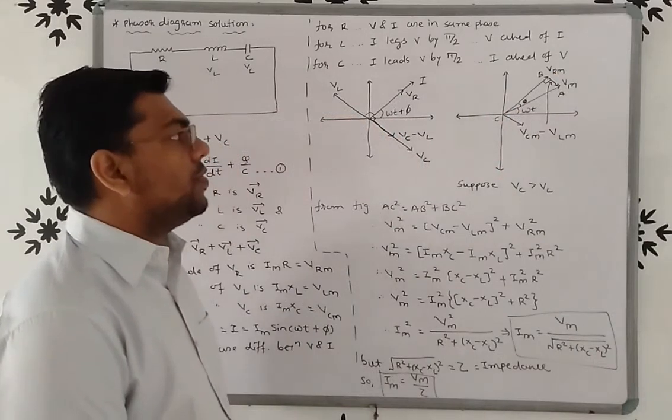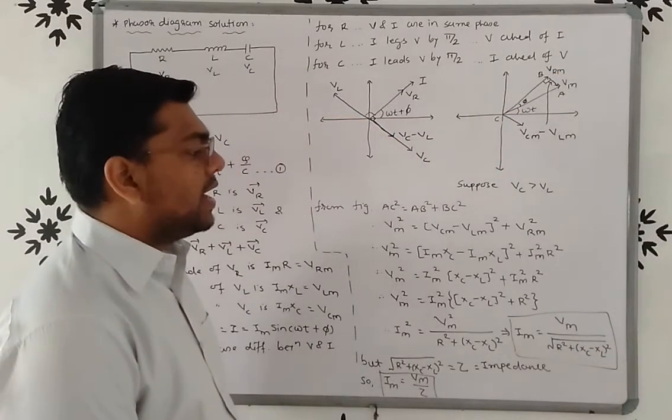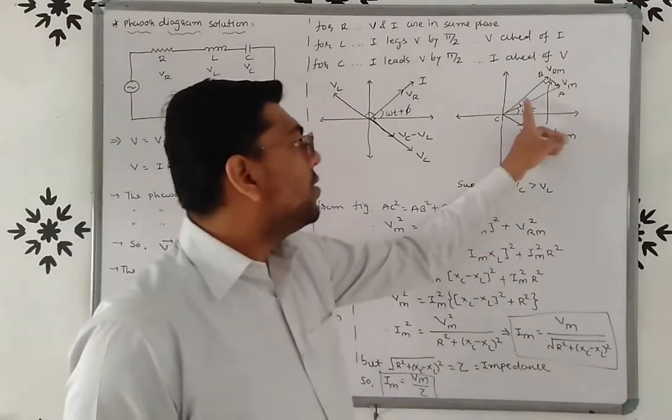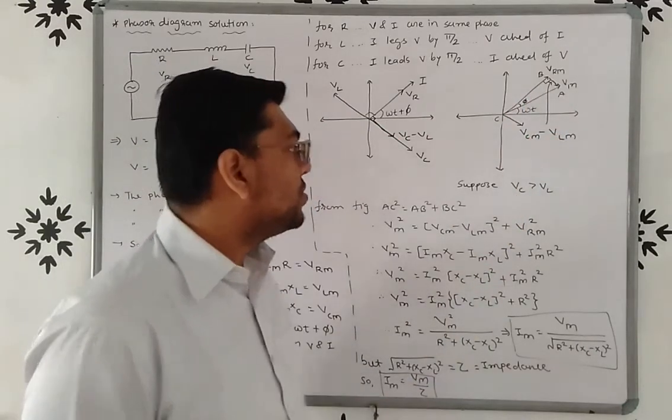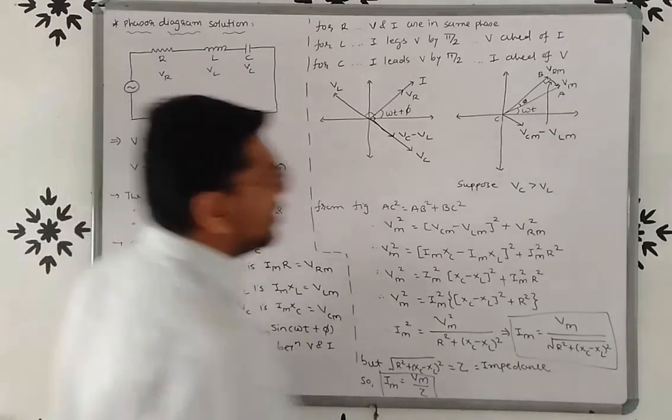So if you want to find out this phi, then you can use tan phi is equals to like this. See here.